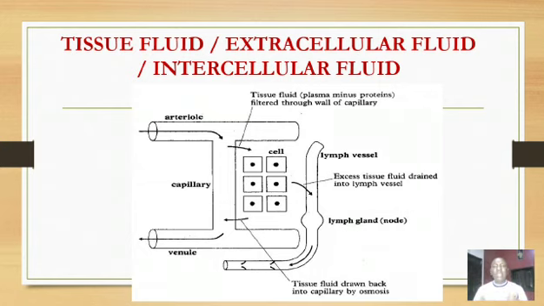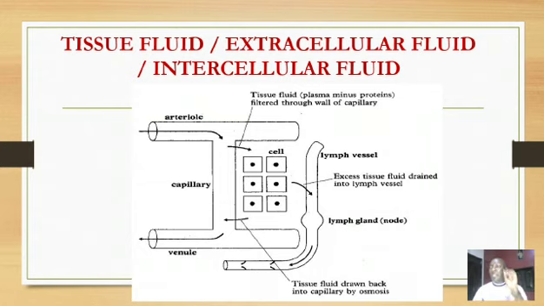Therefore, hydrostatic pressure is that force that arises within the fluid called blood. That force in blood is a result of the pumping action of the heart. Meaning hydrostatic pressure is the pressure developed within blood, a fluid, as a result of the pumping action of the heart.